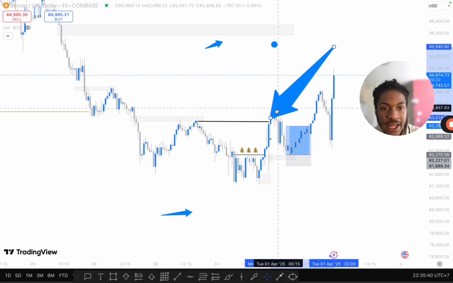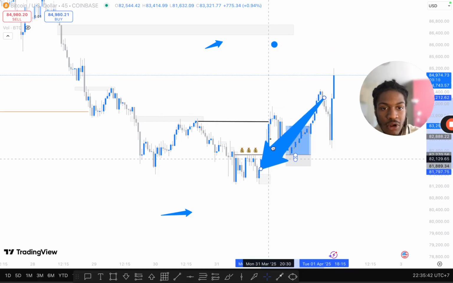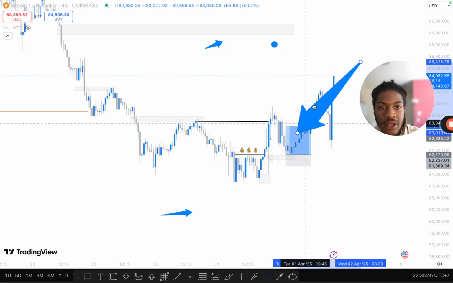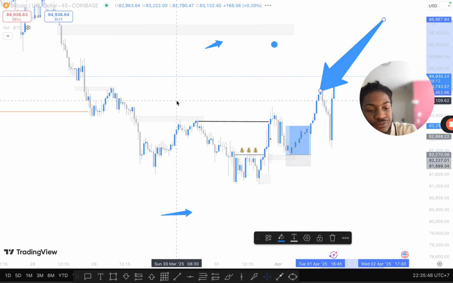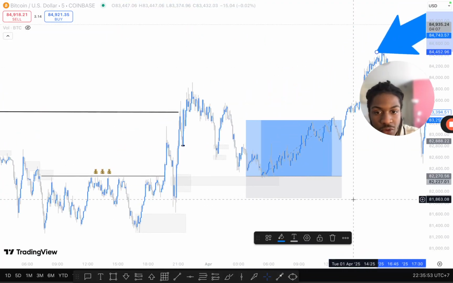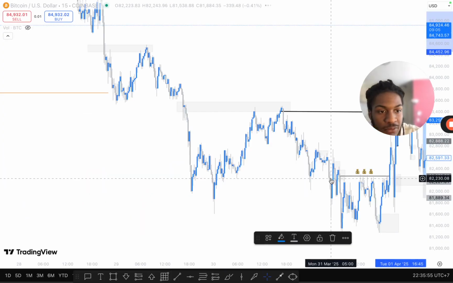Instead of price breaking that lower low, which was down here, price shot up and came back down to demand, and went up, right? This demand that I entered off was on the 5-minute and the 15-minute.